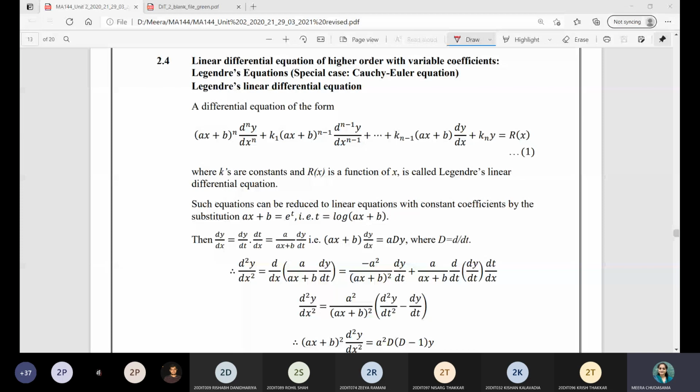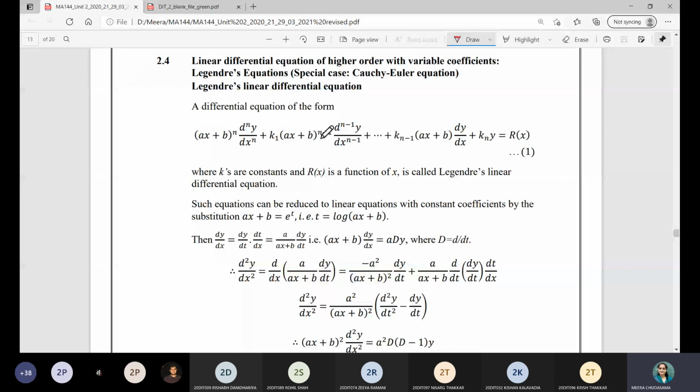Meanwhile, let us recall the things we have done in the last class. We started with differential equations with variable coefficients. Up till now, the equations we considered had constant coefficients, but now we are allowing them to be variable as well.